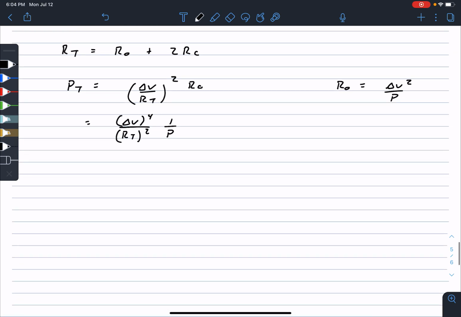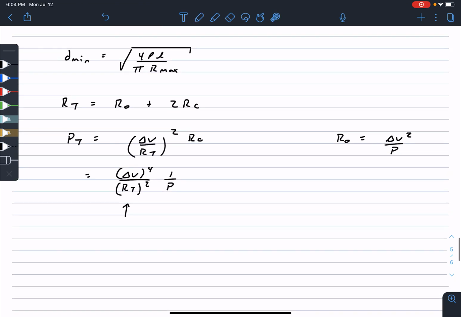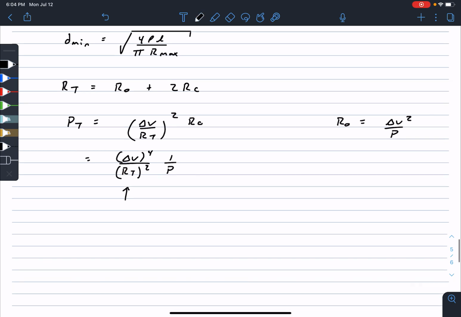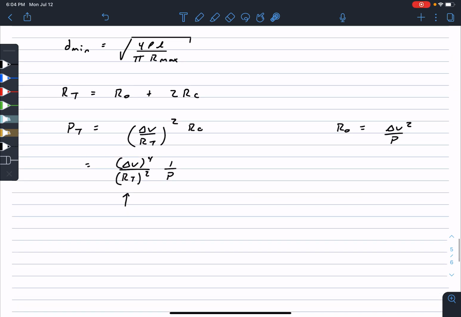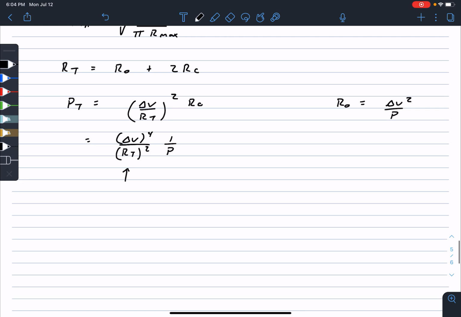Okay, so now the total resistance is going to be the maximum resistance that we need. So this is going to be defined in terms of this total resistance here. This is the thing we need. So with a little bit of rearranging, we're going to get delta V squared over total power times the initial power that we were given.